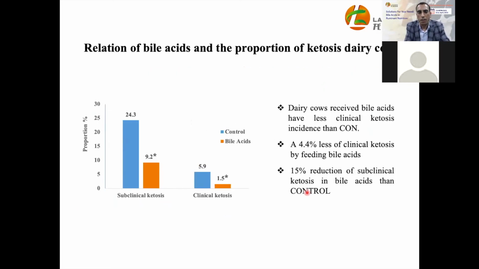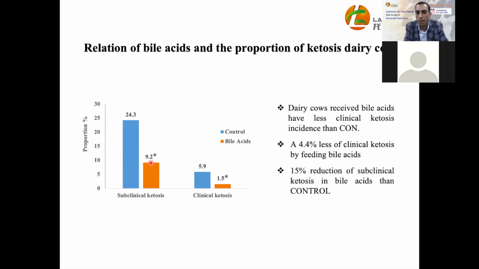Here is the results section of this experiment. The first one, as we focus on health. In this figure, we can see the proportion of clinical ketosis and subclinical ketosis for the two groups. Look at the subclinical ketosis in the control group compared with the bile acid group.